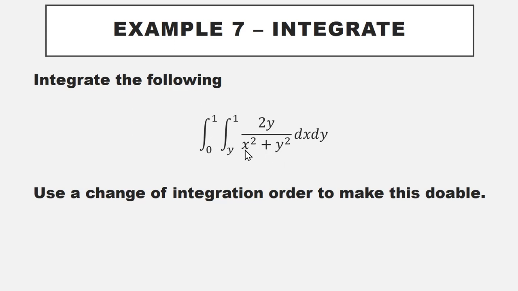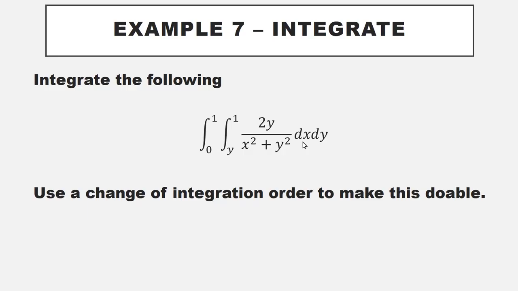But if I integrate this function with respect to y, since I have a 2y on top, that's the derivative of this function below with respect to y. So a simple u substitution will let me integrate with respect to y.